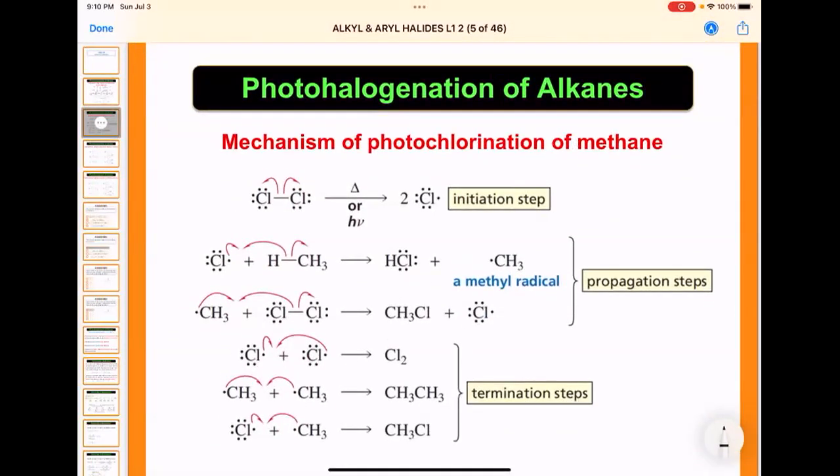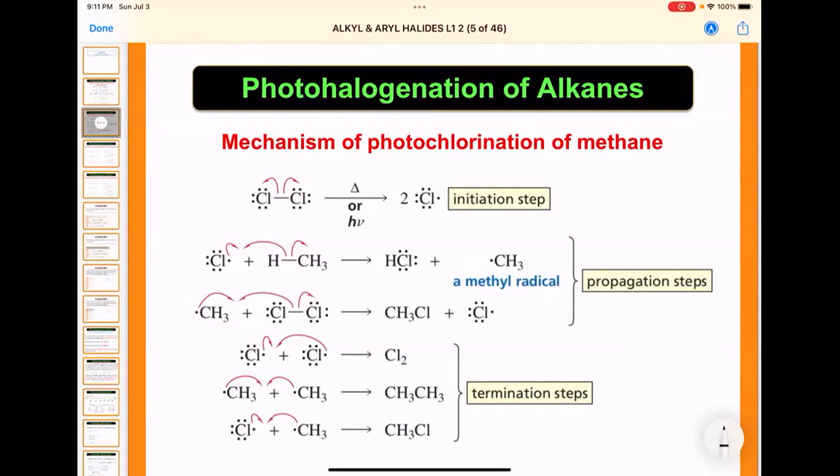The mechanism has three parts. What are these three steps known as? They are very important. It is initiation, propagation, termination.